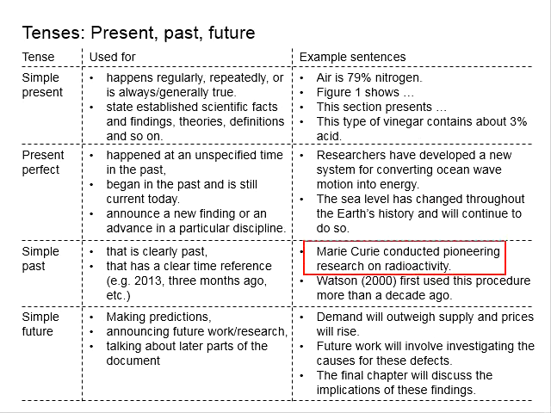Marie Curie conducted pioneering research on radioactivity. Marie Curie is a famous researcher from the past. Therefore, you know that you are referring to an incident in the past. She conducted pioneering research on radioactivity. "Conducted" is the simple past tense, implying that these incidents happened in the past.